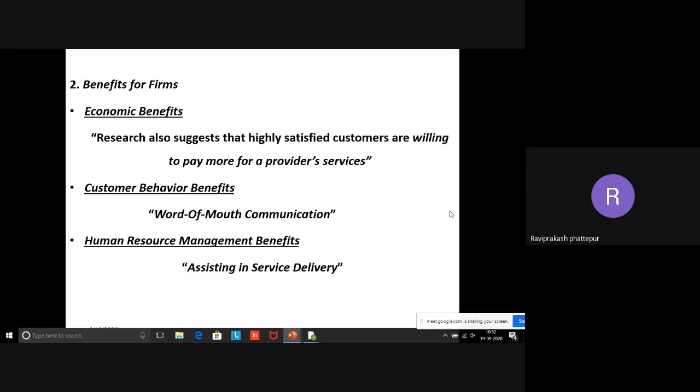Next is customer behavior benefits. That is word of mouth communication. When the customer is happy, satisfied or delighted, he spreads this news to many other people in his society or circle, who may or may not avail your service. But he is sending a good message about the firm and the quality of its service delivery into the market.